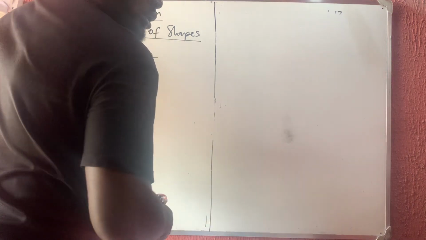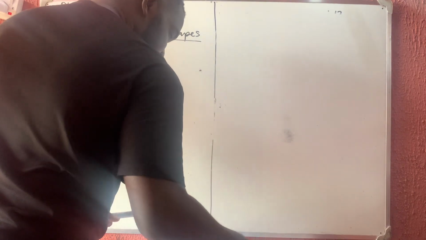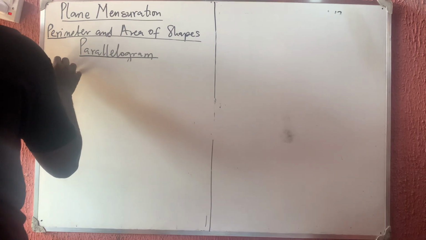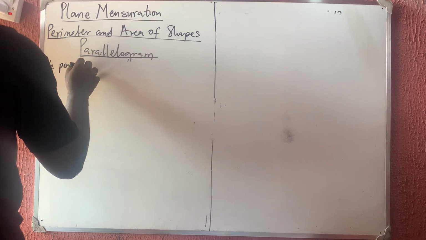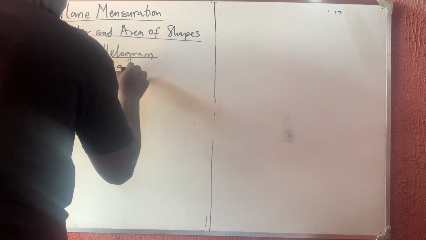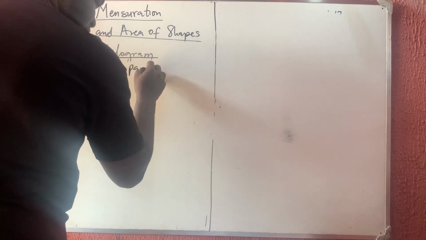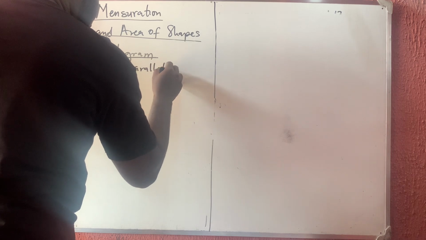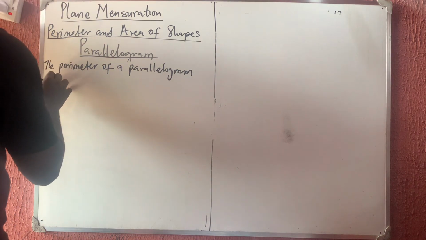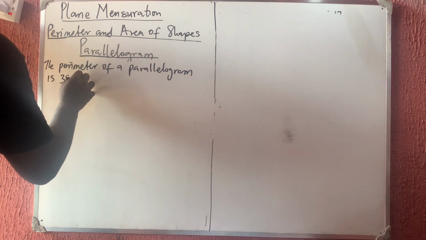You see that these things are very, very simple. All you need to know is just the formula. So the next question says that the perimeter of a parallelogram is 38 cm.